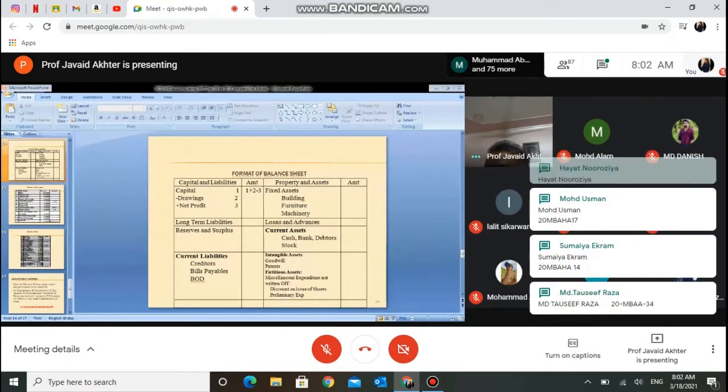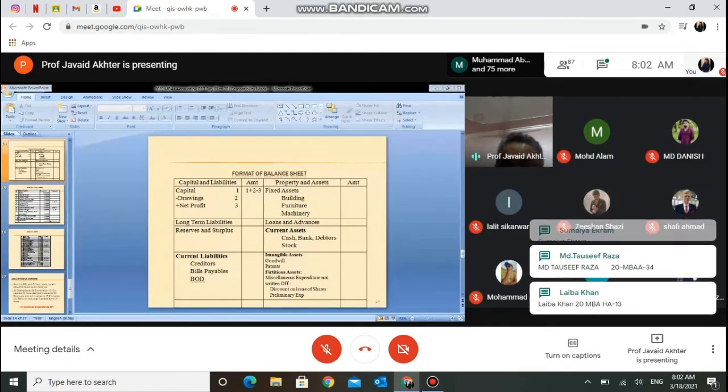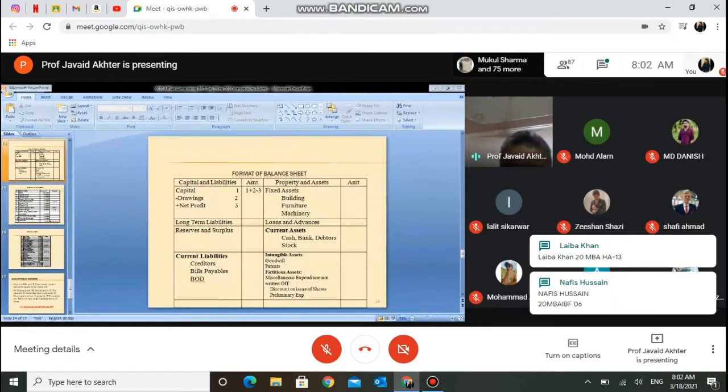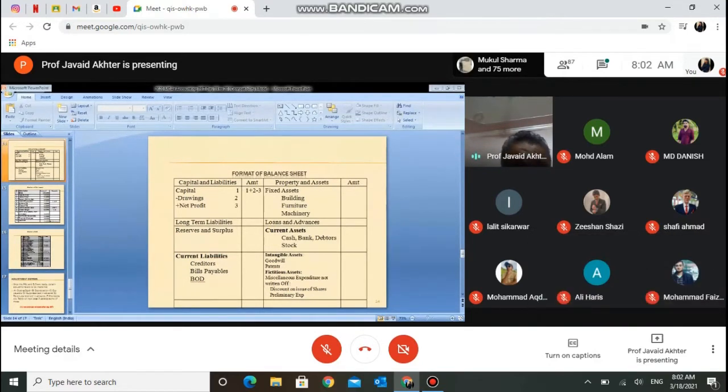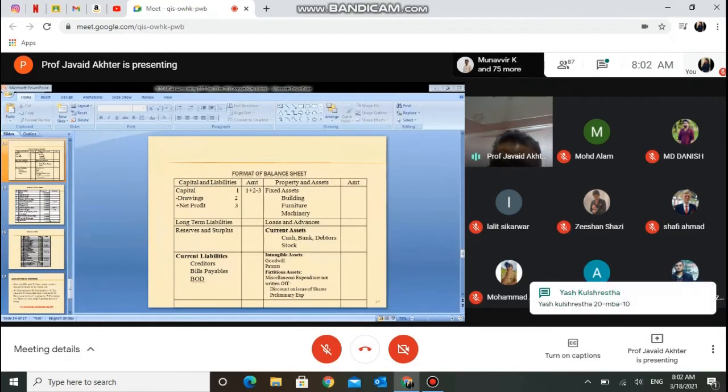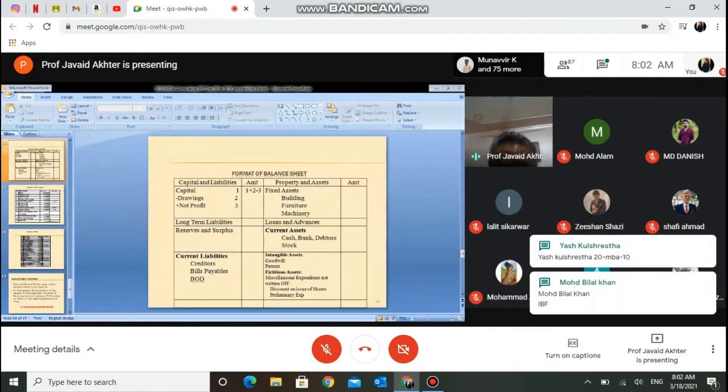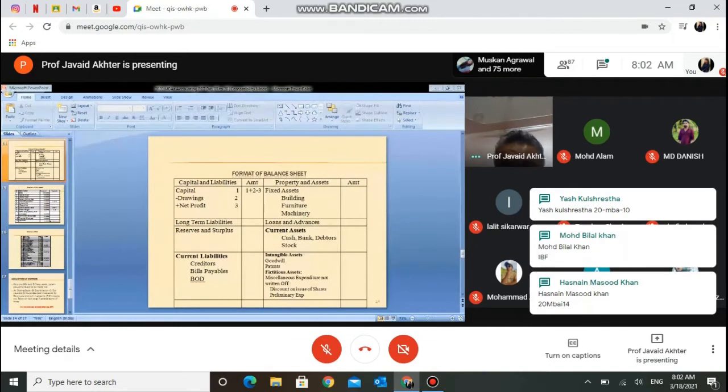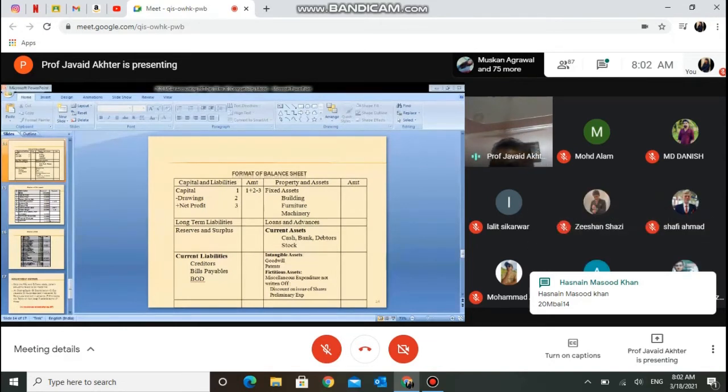So where were we yesterday? Can you recall? Yesterday we were discussing how to prepare a profit and loss account and a balance sheet. That is, how to prepare two financial statements.